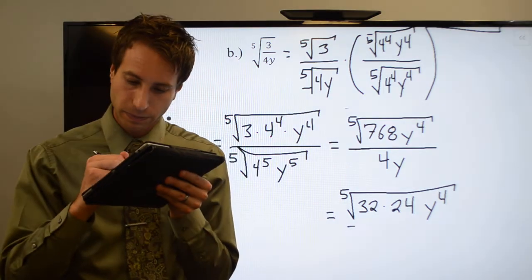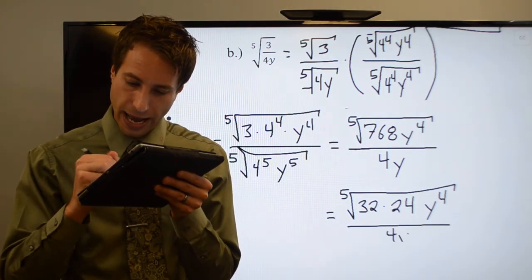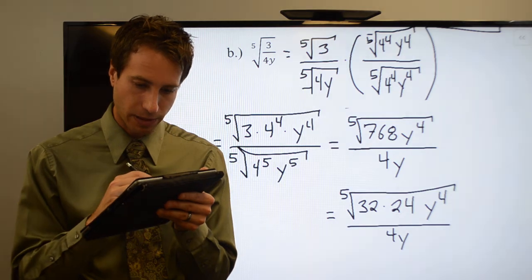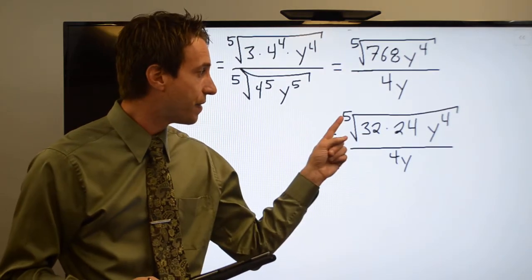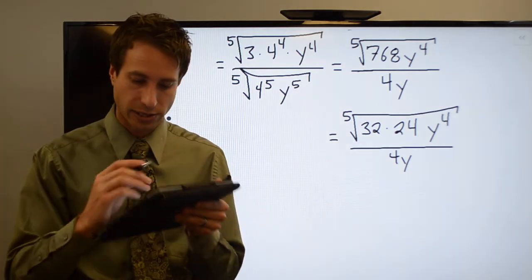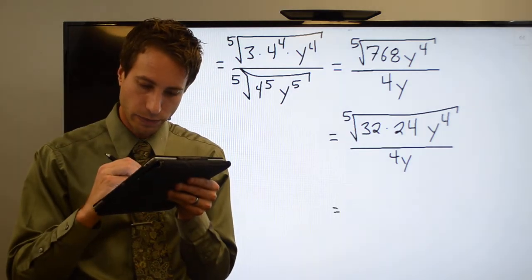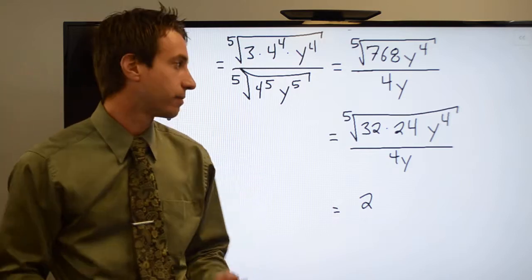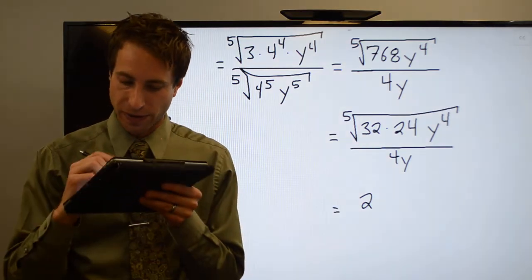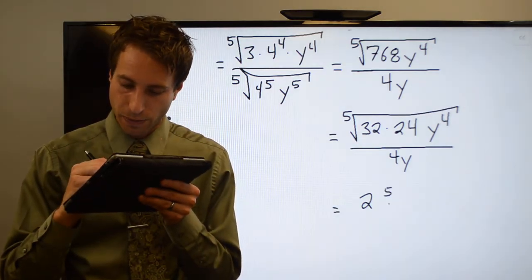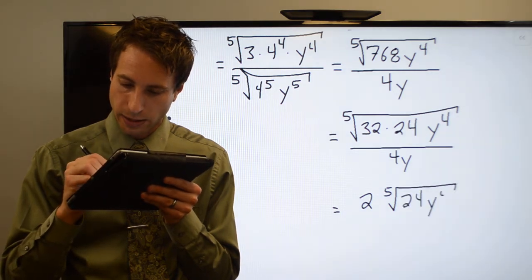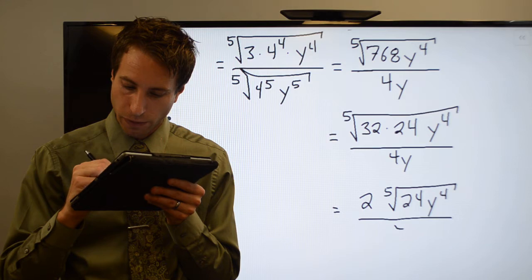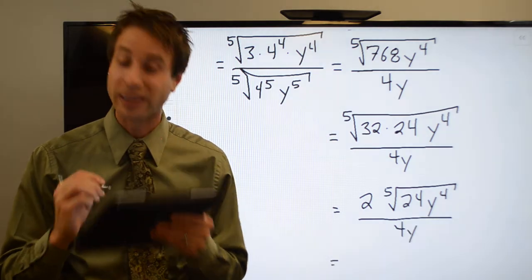So, we're going to go ahead and do that. Let me slide up a little bit so you can see this as I go through it. The fifth root of 32, I just said, is a 2. Again, 24 is not a perfect fifth root, so then I'll have the fifth root of 24y to the 4th all over 4y, and one last step, right?